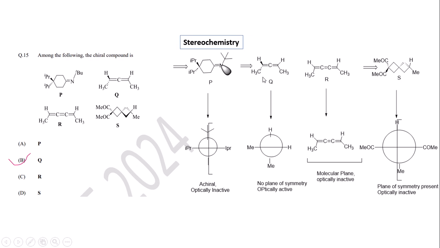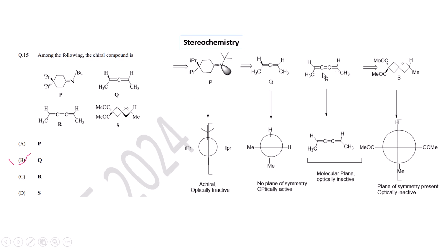If we look at the Q compound, after conversion to the Newman projection, we see a compound which has no plane of symmetry, only the C2 symmetry is present, so it is a dissymmetric molecule, and it is optically active. And this is the cumulative triene system.